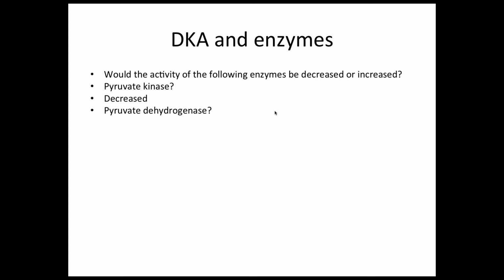Would this activity be increased or decreased? Decreased. Same reason, right? Hormone-sensitive lipase, Daniel. Up or down? It's increased because it's disinhibited. Perfect. It's even better if you can think about the mechanism. But even if you just think about lipolysis, am I going to want to break down fat if my body cannot use sugar? Totally, that makes a lot of sense.